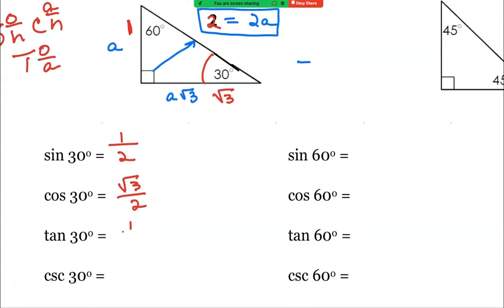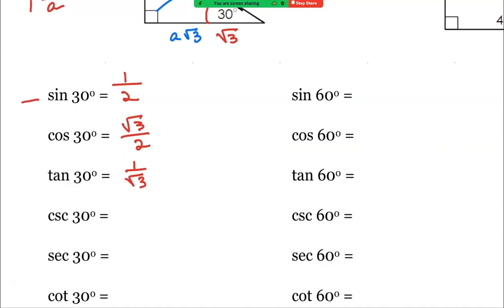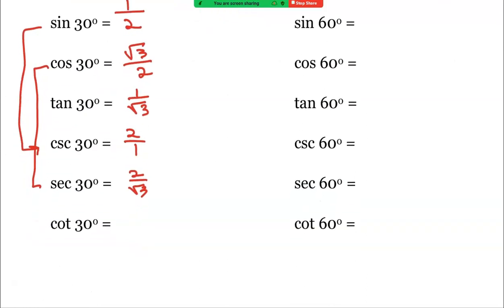Tan is opposite over adjacent, so get all 6. Sine goes with cosecant, flip that over. Cosine goes with secant, flip that over. Tan goes with cotan, flip that over.